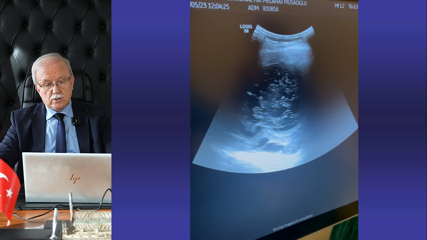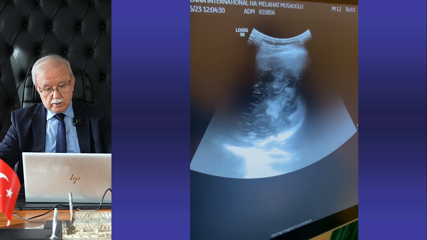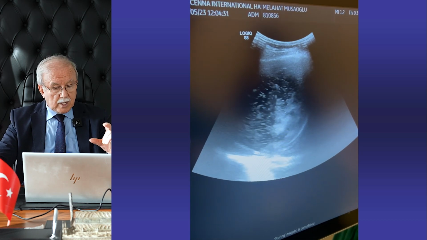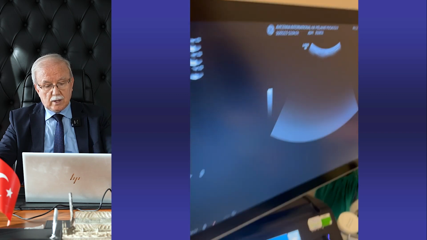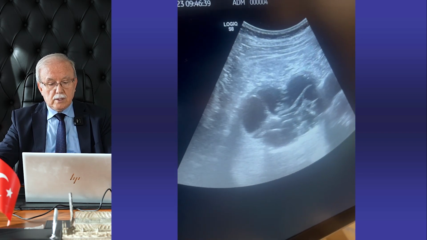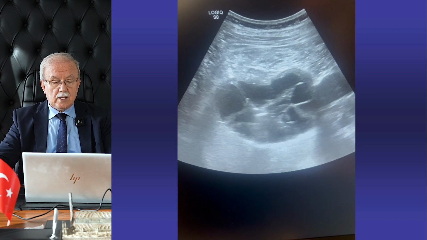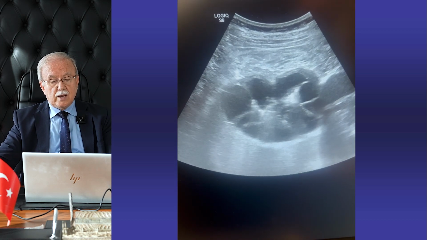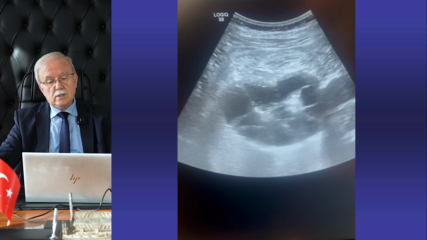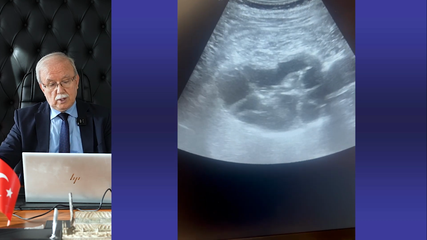So we hesitate to evacuate the whole juice of the hydatid cyst. We aspirate a small amount according to the diameter, 3 times the centimeters in diameter. For example, for a 10 centimeter hydatid cyst, we aspirate only 30 cubic centimeters of juice.